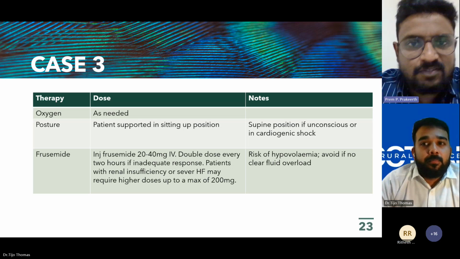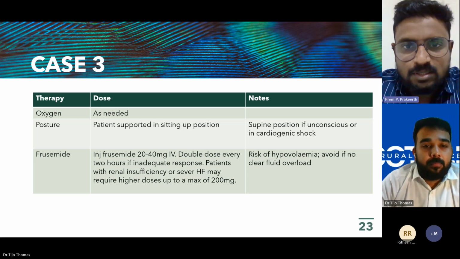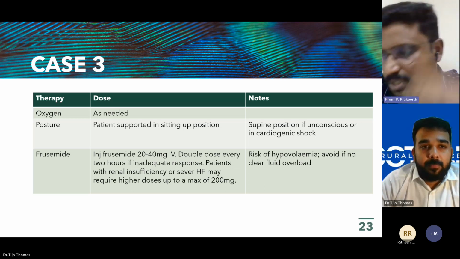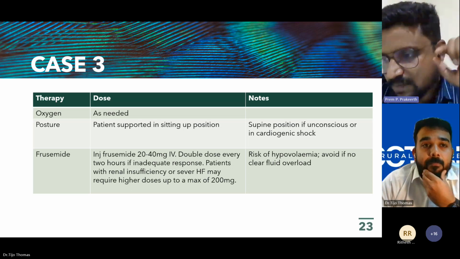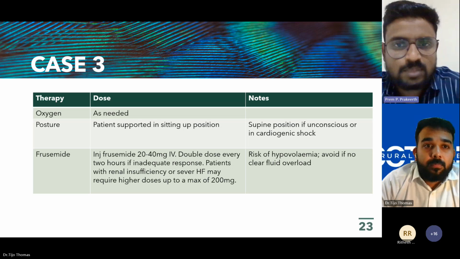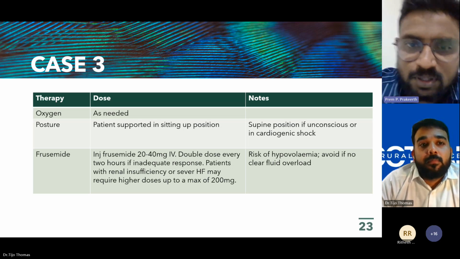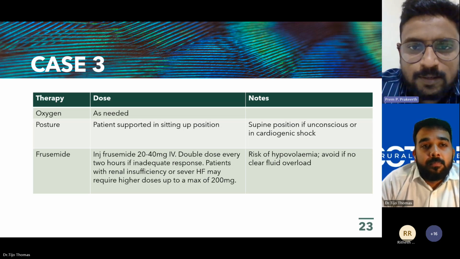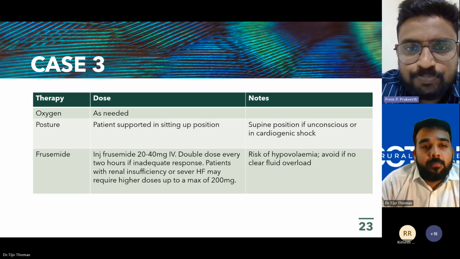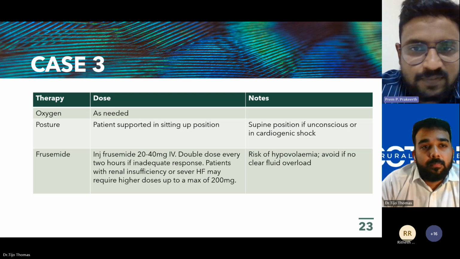That's why, irrespective of BP, you can give diuretic. That is what has to be done, with concurrent inotrope or vasopressor support if you have it. One more thing is correcting anemia. It's a very important thing in heart failure.